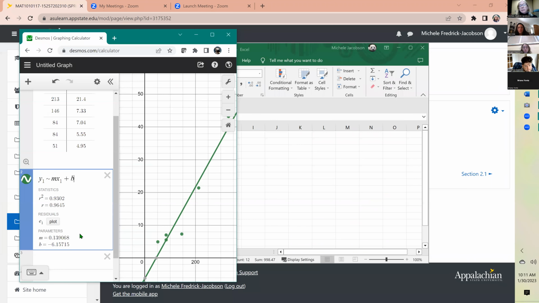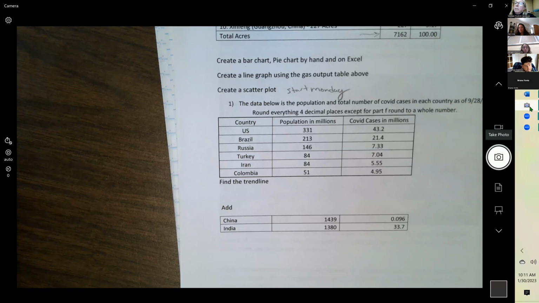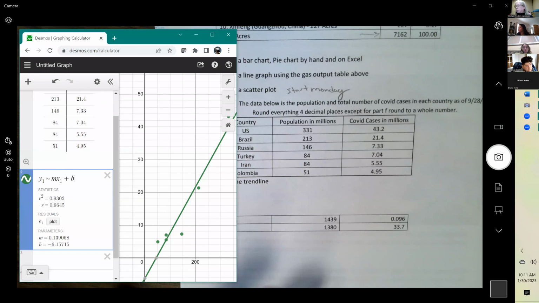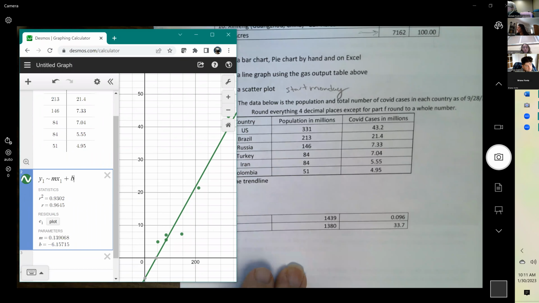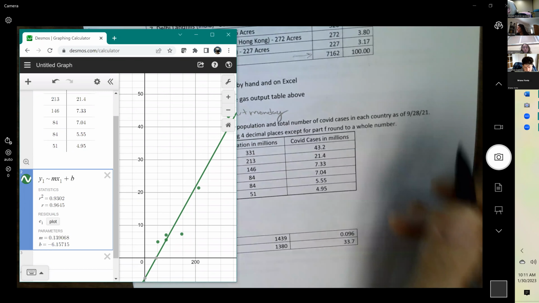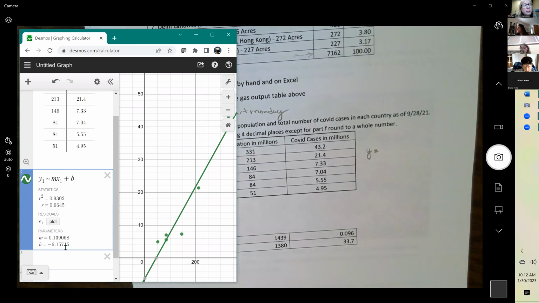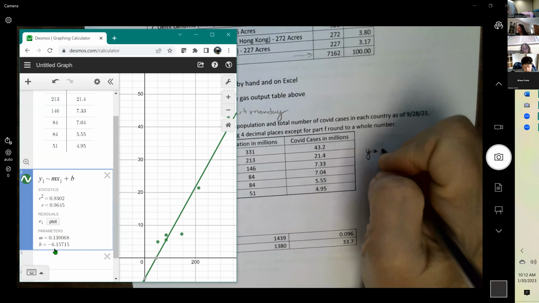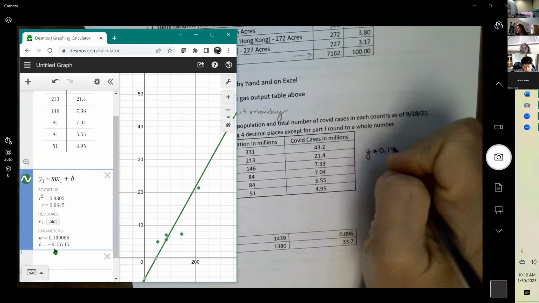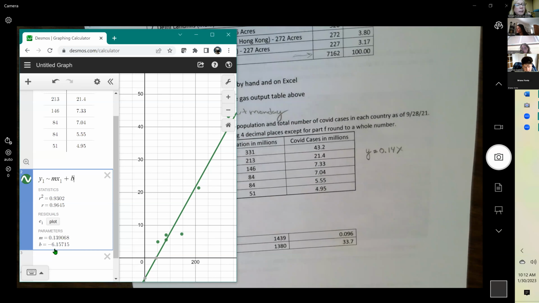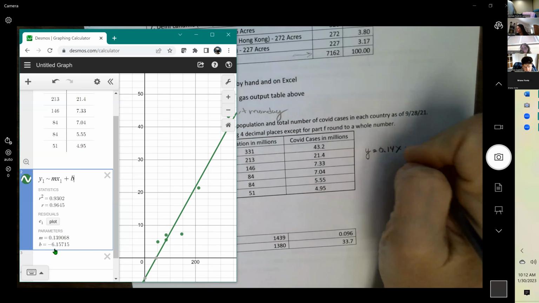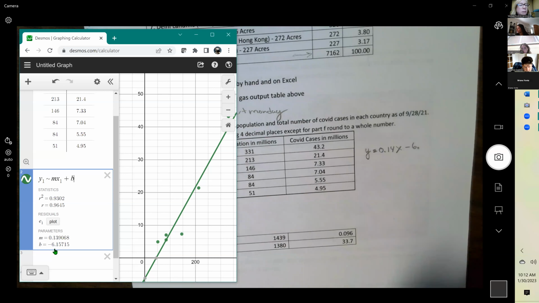So this is giving us an equation. If we look right here, I'm going to use 14, so 0.14x minus 6.16.